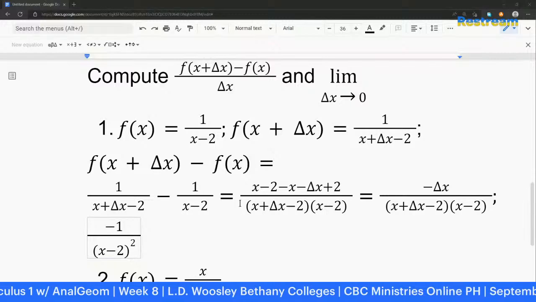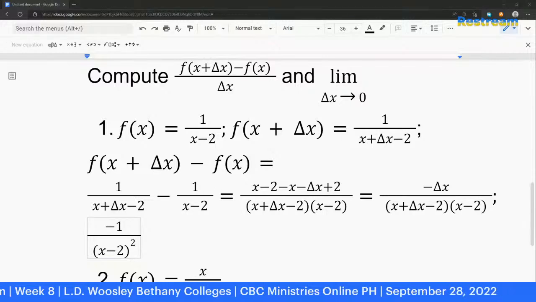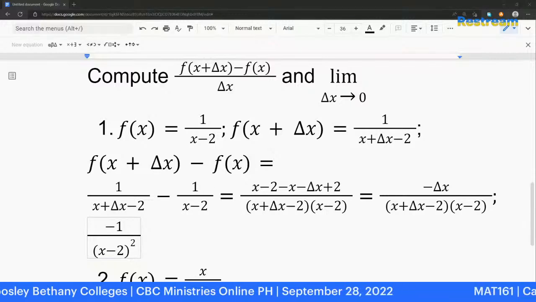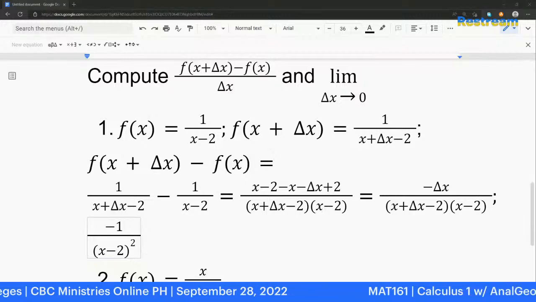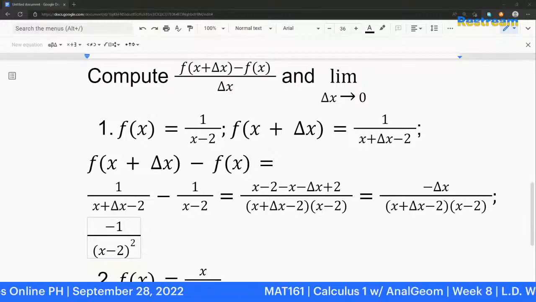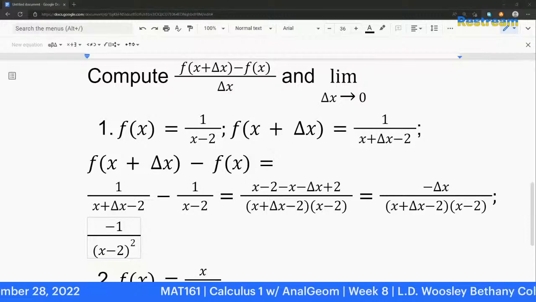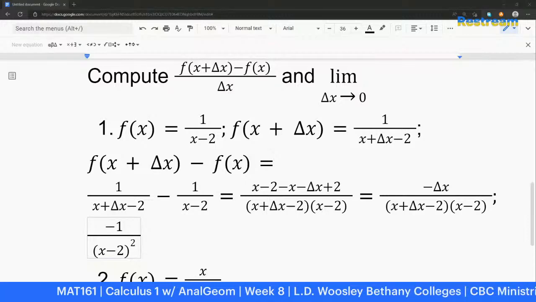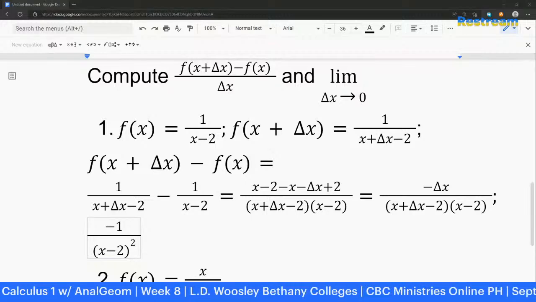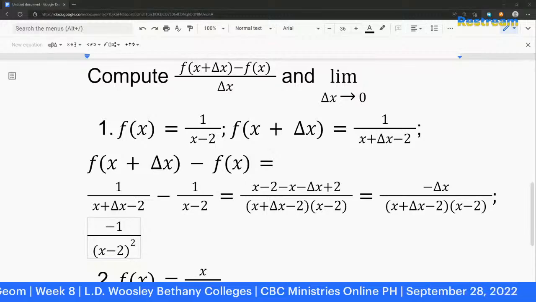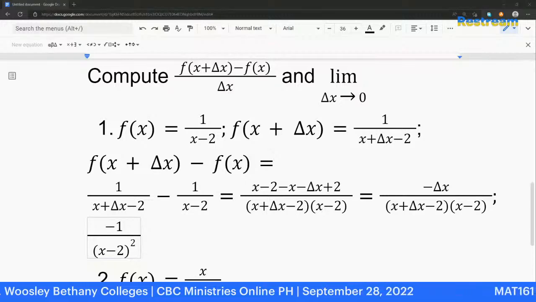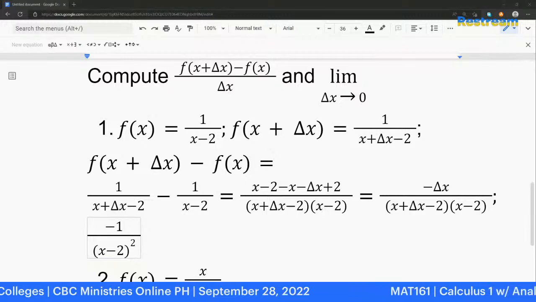Wala yung delta x sa numerator kasi ito over delta x eh. Ito yung tinatanong ko eh. Hindi ko na lang pinakita kasi mahabang tugtugin. Okay? So dito, dinivide ko pa siya ng delta x. Kaya 1 yan. Negative 1.